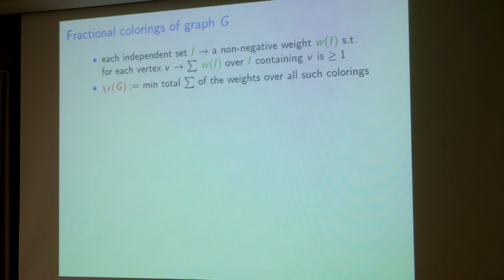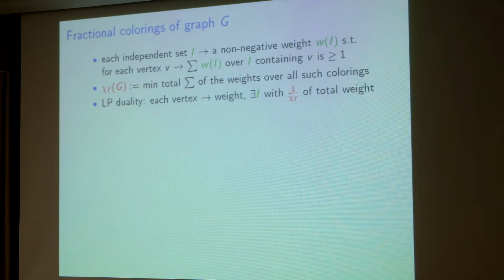In linear programming language, the program would be exactly as you described. And then if one uses the duality of LP, it can be derived that whenever I take an assignment of weights to vertices, I will always find an independent set which has at least 1 over chi_f of the total weight.